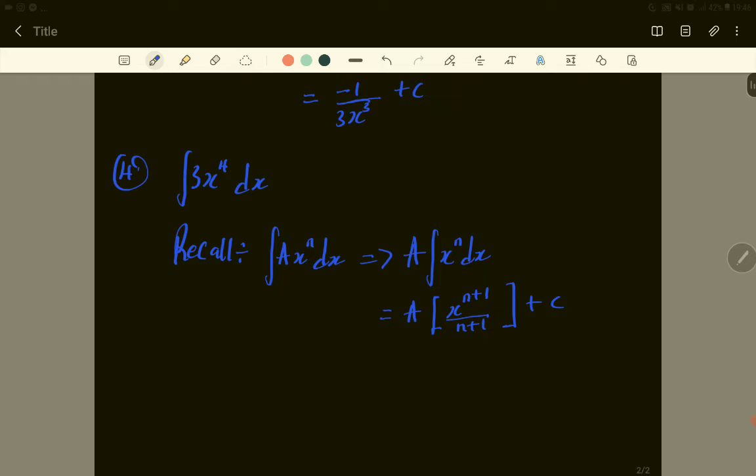So I'm going to apply it to this integral.